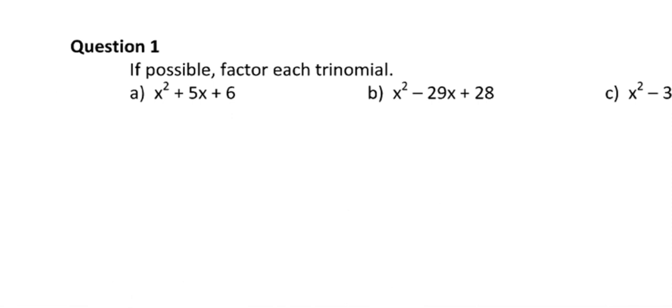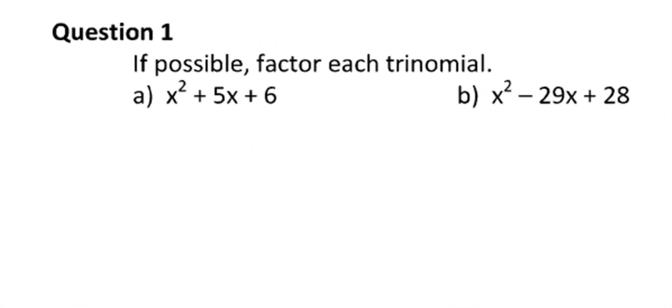Here is how we factor. So we want to turn this thing into something times something else. So let's do this example. Okay. So what we want to do is find, so the number out front, you can imagine there's like a 1 there.